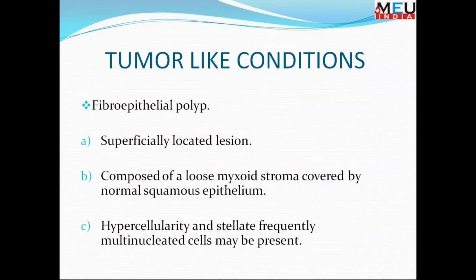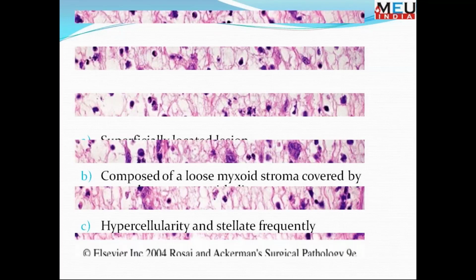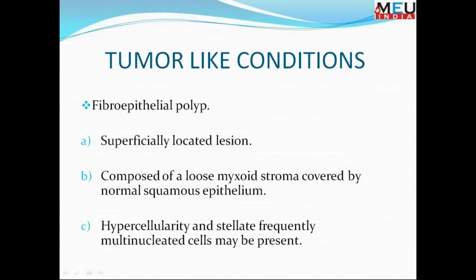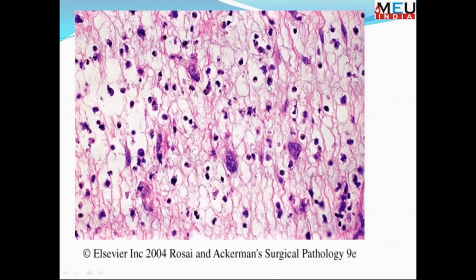The other tumor-like conditions include the fibroepithelial polyp, which is a superficially located lesion composed of loose myxoid stroma covered by normal squamous epithelium, with hypercellularity and stellate cells. Frequently, multinucleate cells may be present. This is the fibroepithelial polyp.